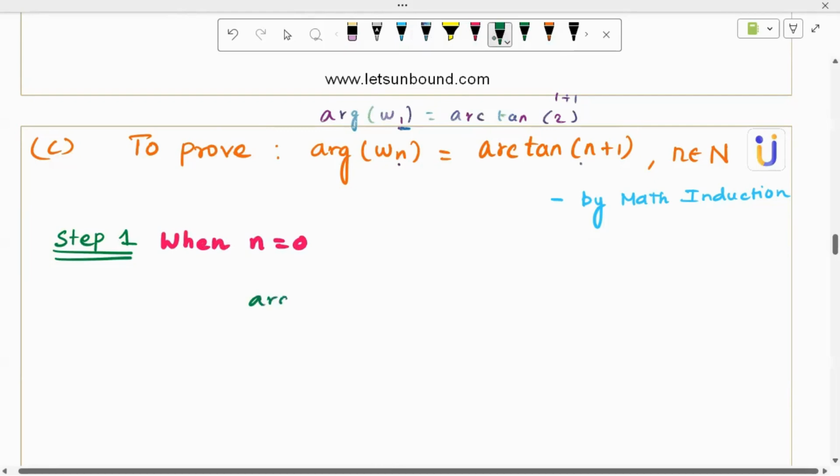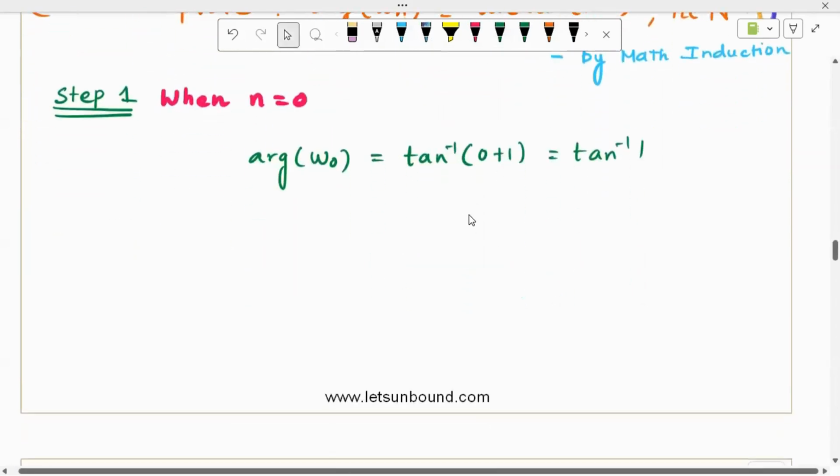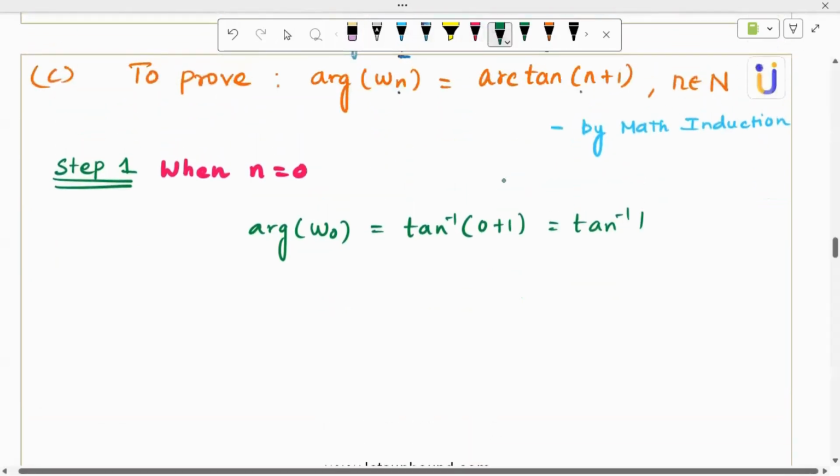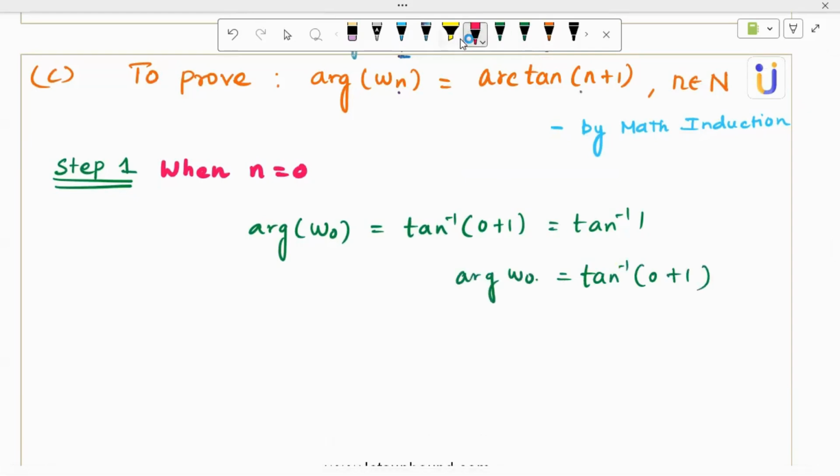So argument of W naught is equal to arc tan, I can write this tan inverse 0 plus 1. This is already proved. Tan inverse 1. So argument of W naught is tan inverse 0 plus 1. So the theorem holds.